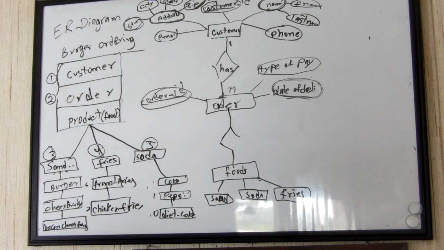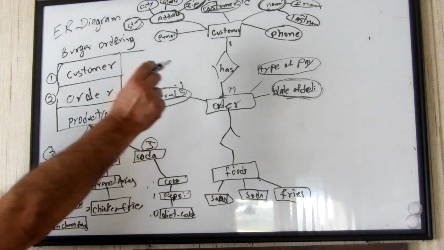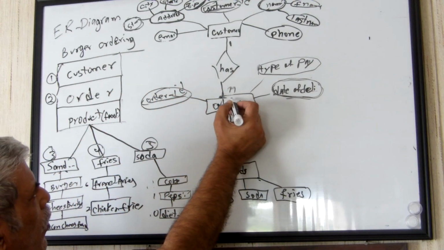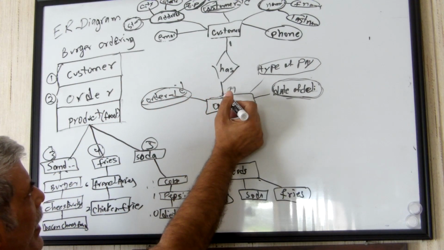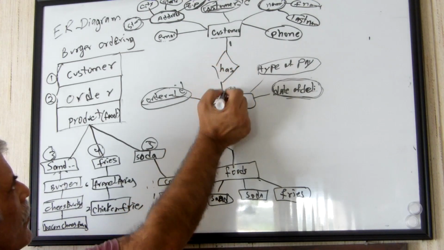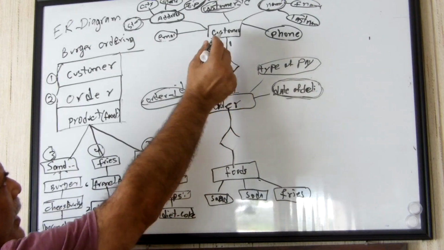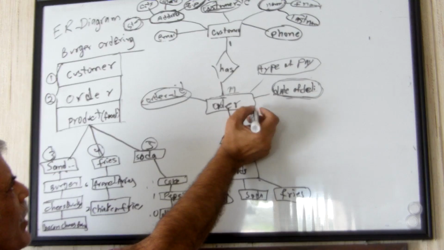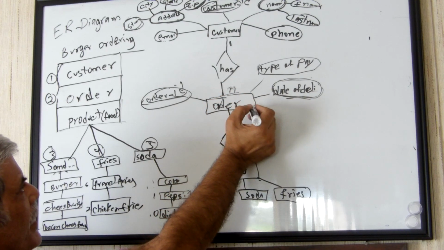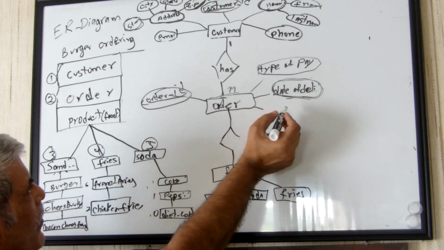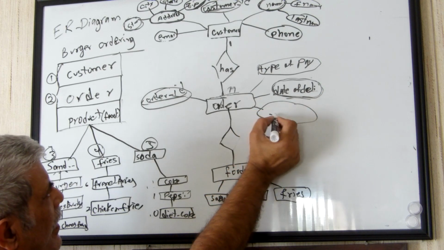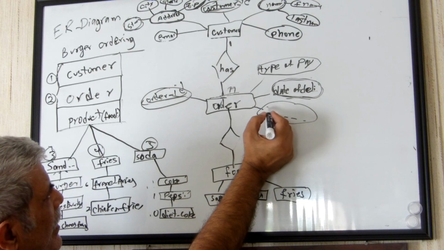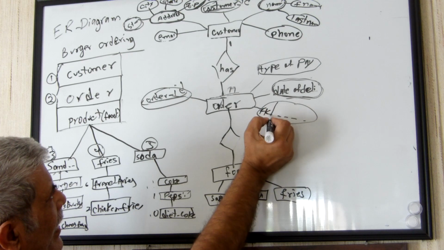So what I mean here in the order table, because it's one to many between these two, the customer ID should be in here as a foreign key, FK.